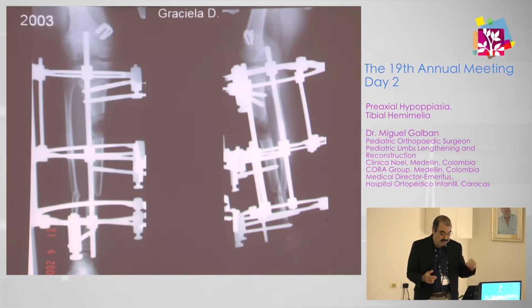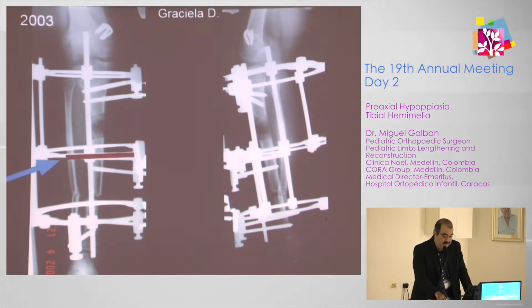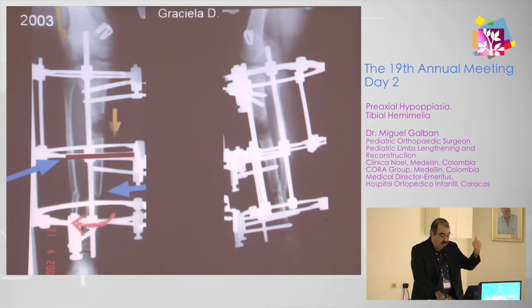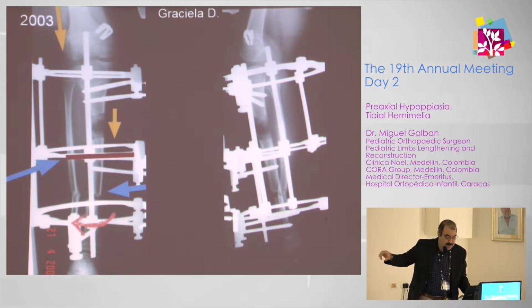So I put a Lizard on, and with this pin, I'm grabbing the tibia and the fibula, and I started to lengthen the tibia. And the fibula went down, like you see here. And in the other model, in the distal part, I did another osteotomy to do rotation.